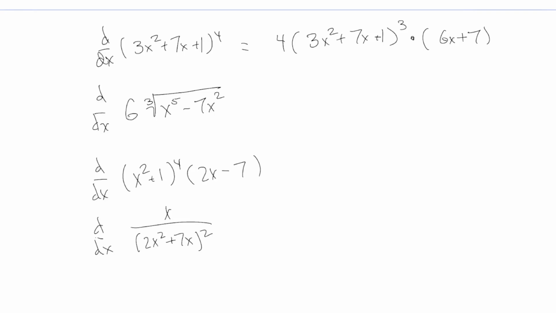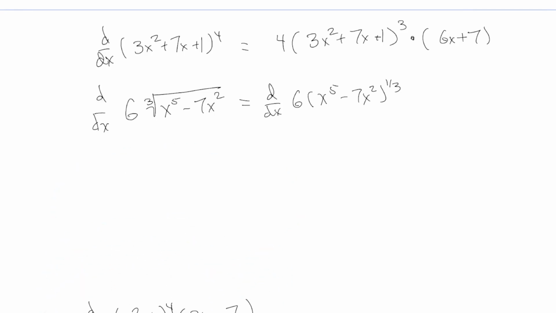The next one is similar, but it has this cube root. So before taking the derivative, I'm just rewriting the original thing. It is x to the 5 minus 7x squared to the 1/3. That's what cube root means, 1/3 power. And so I do the chain rule on that.